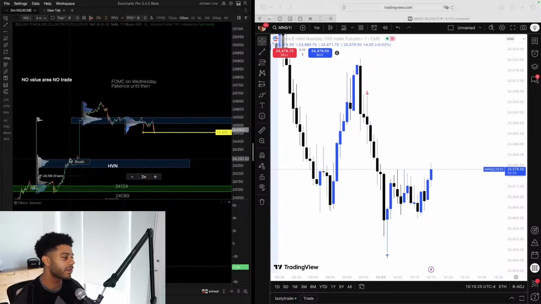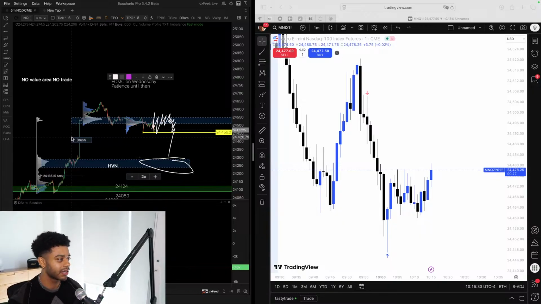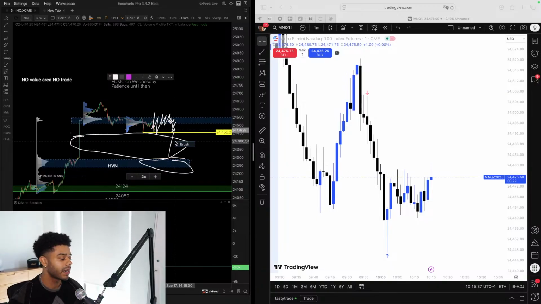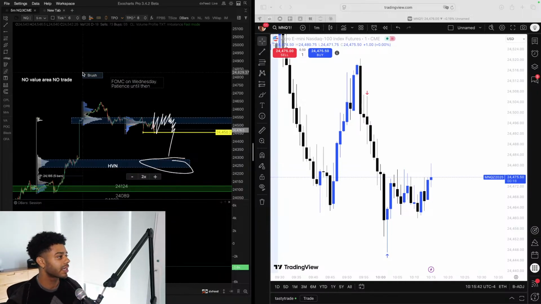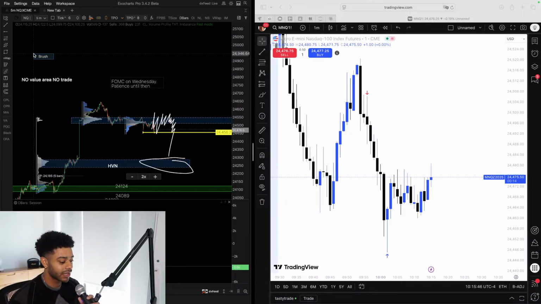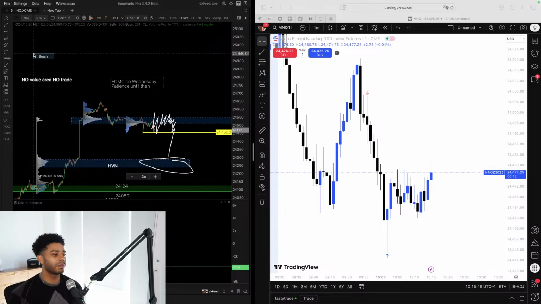So if we do end up selling off after some type of manipulated move that the FOMC is probably going to give us, we would look to target these lows down here, because we can see we have a little bit of a pocket right here of a lack of liquidity to run through. So that's what we're looking for. But we're ultimately just waiting for the FOMC announcement because we're trading in low probability conditions right now.